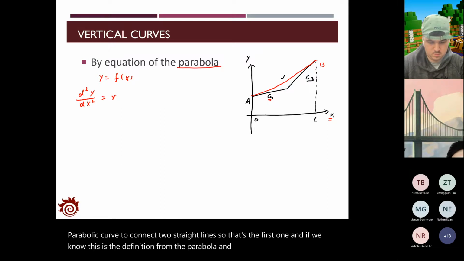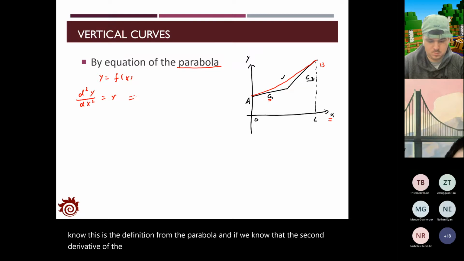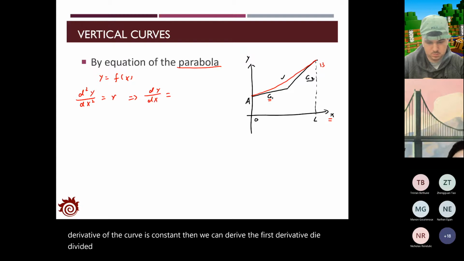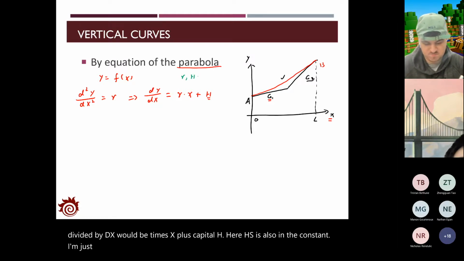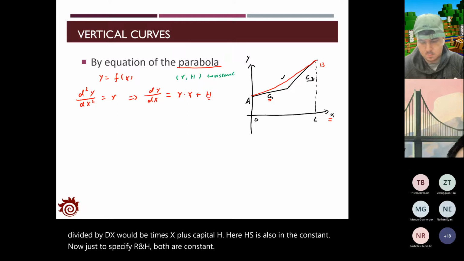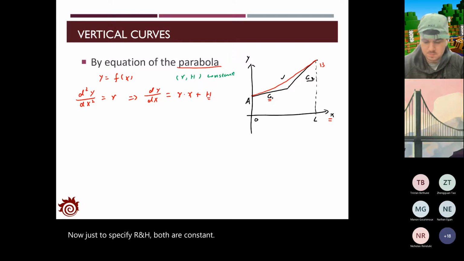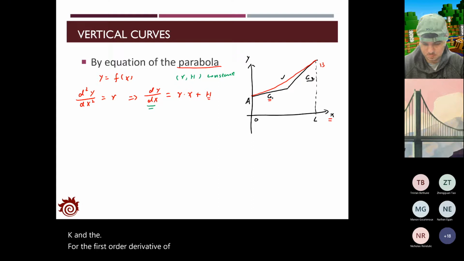If we know that the second derivative of the curve is constant, then we can derive the first derivative, dy divided by dx, would be r times x plus capital H. Here R and H are both constants. And the first order derivative of a function actually represents the slope of the curve at any specific point.